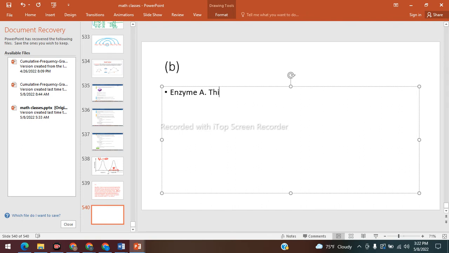This is because the stomach has hydrochloric acid. What's the chemical symbol for hydrochloric acid? HCl. And a pH of what? About 2.